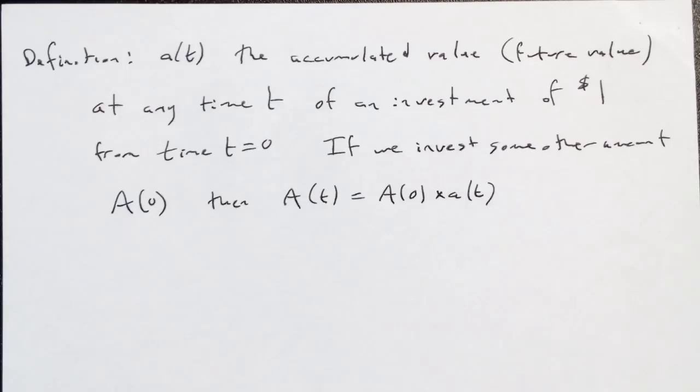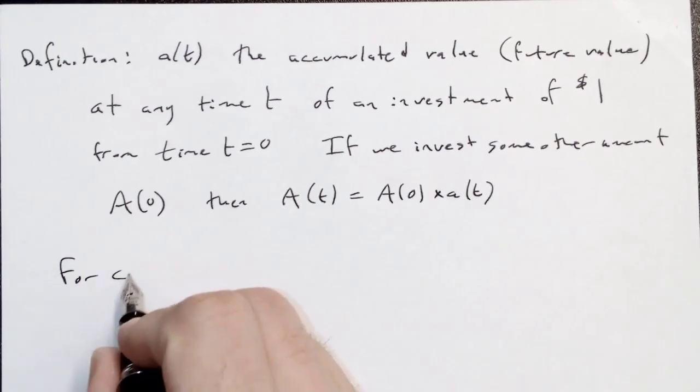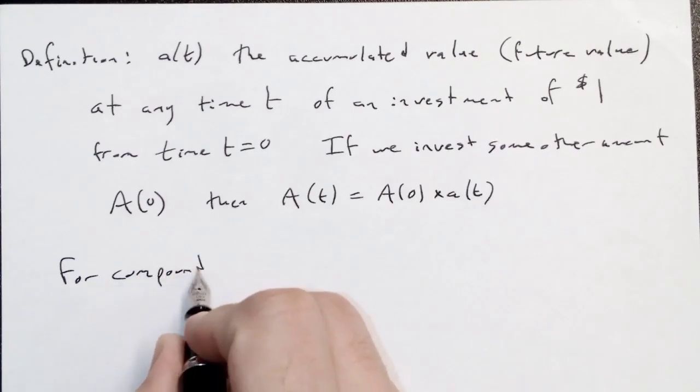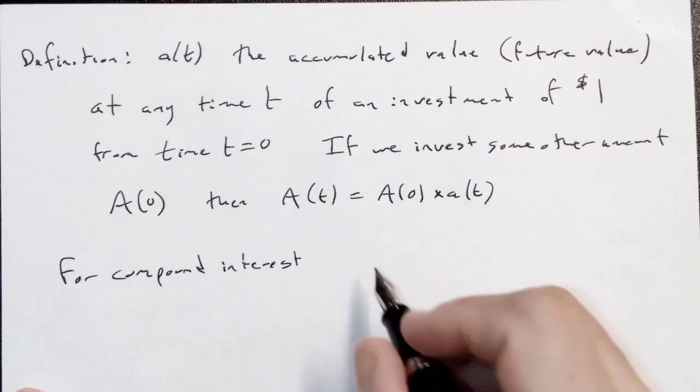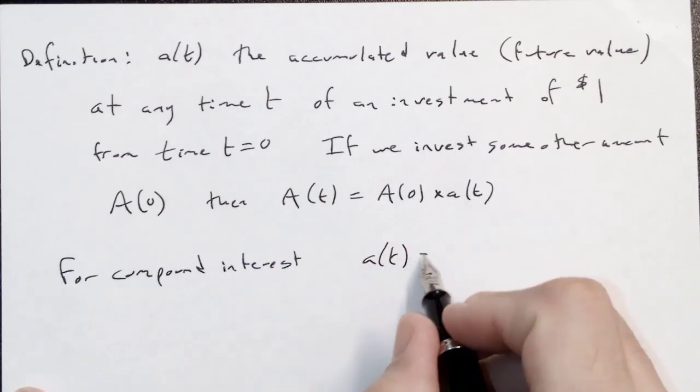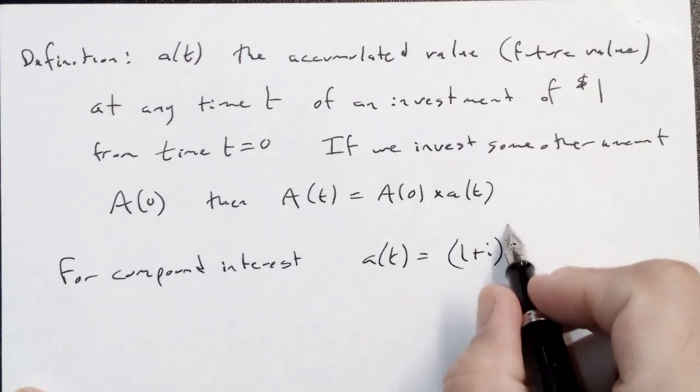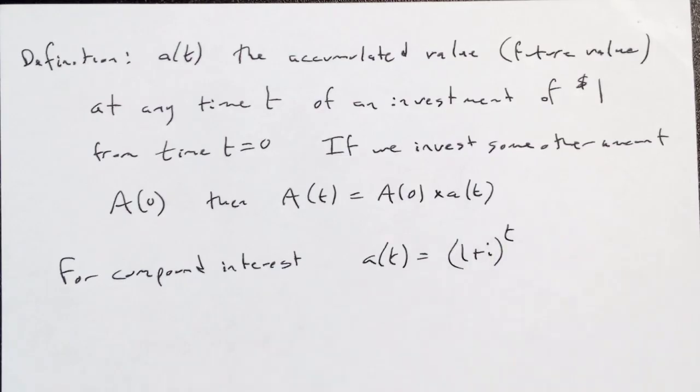Now that means we already know what this is for compound interest. Compound interest, we have one plus I to the t.